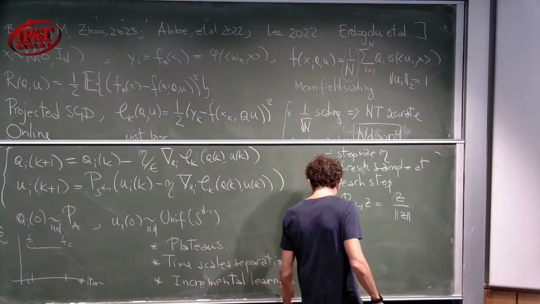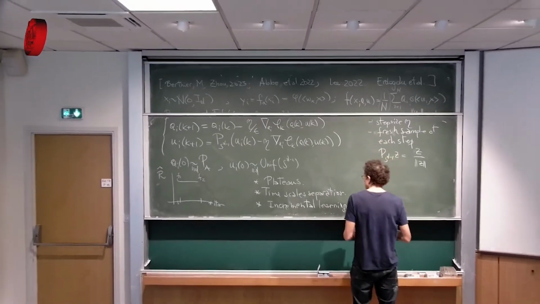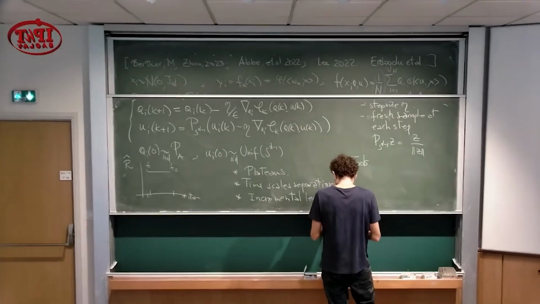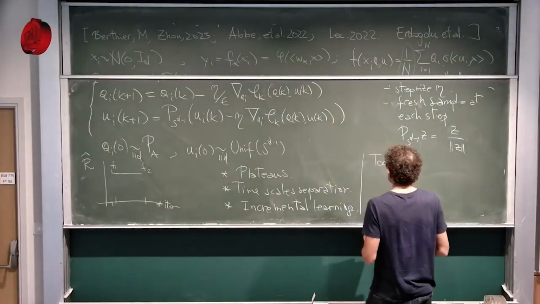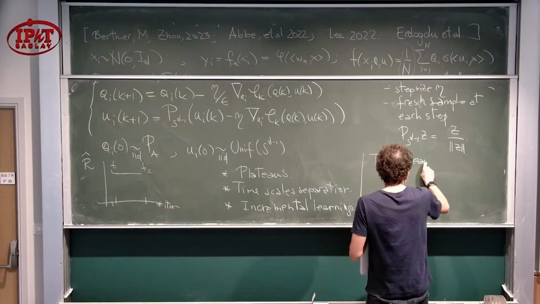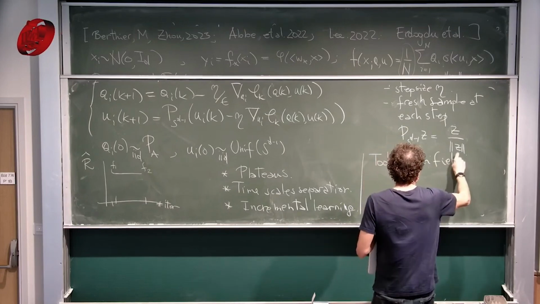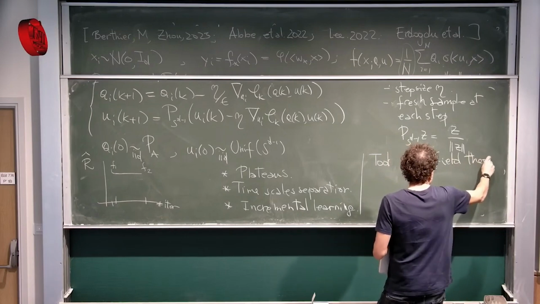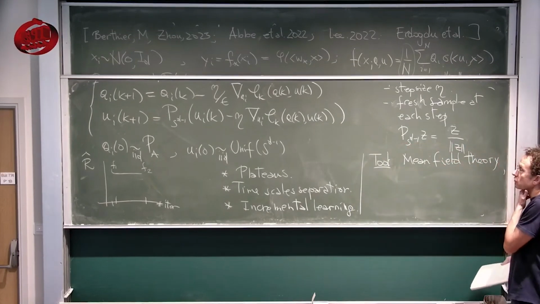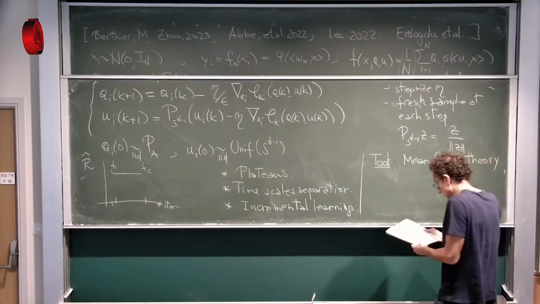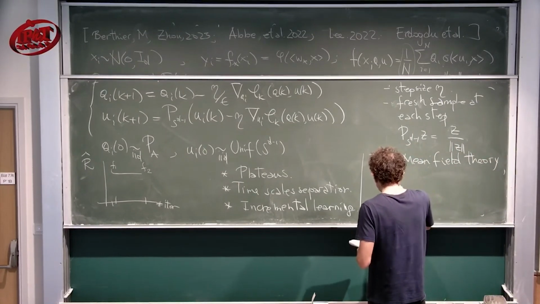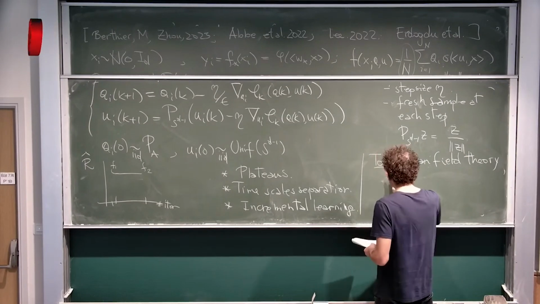So the basic tool that we use is mean field theory. This is a general tool for analyzing this dynamic in the large width limit, and it captures the behavior when eta is small.